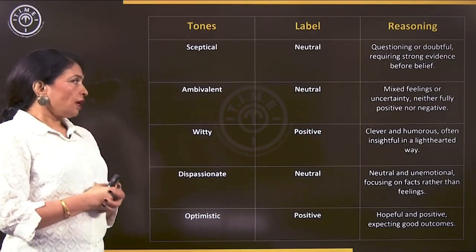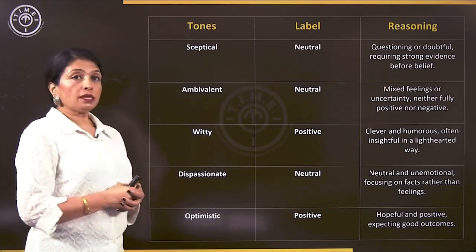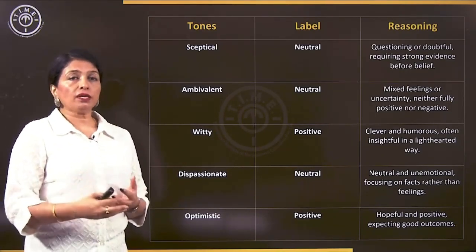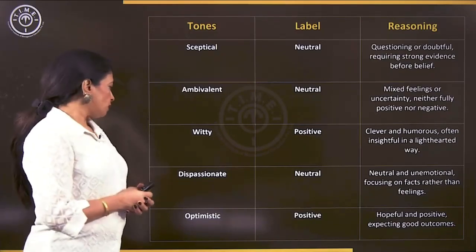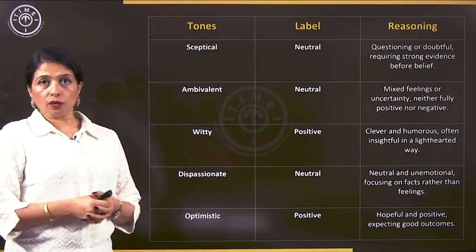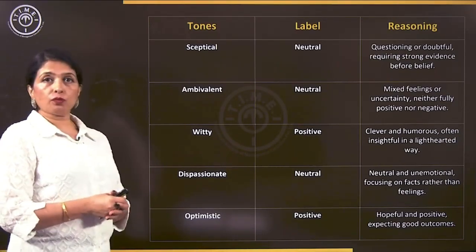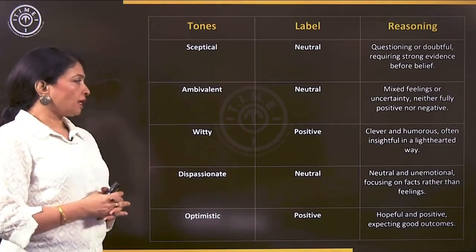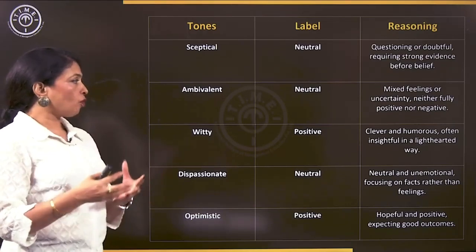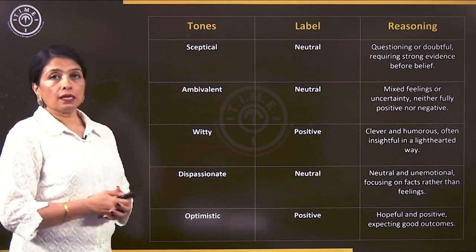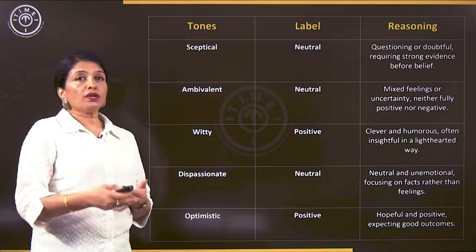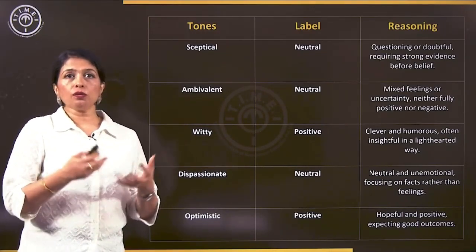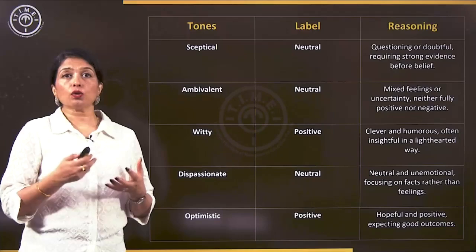Dispassionate is neutral, and neutral and unemotional is that tone which focuses on facts rather than conveying any opinion or true beliefs. Optimistic is another word for positive, so we don't have to rattle our brains too much for this, and this is something that conveys hope and is therefore hopeful, positive, and conveys that kind of attitude which looks forward to some kind of positive or good outcome.